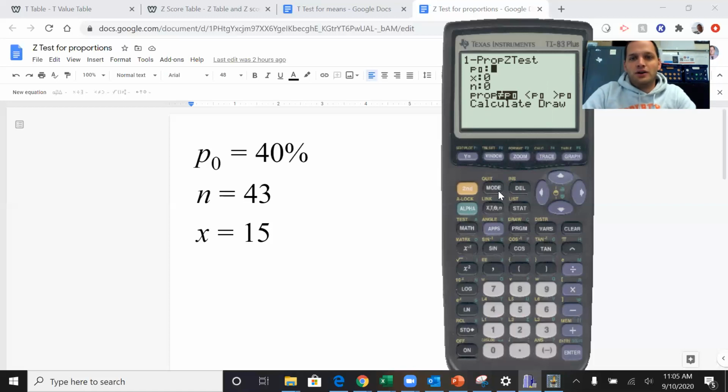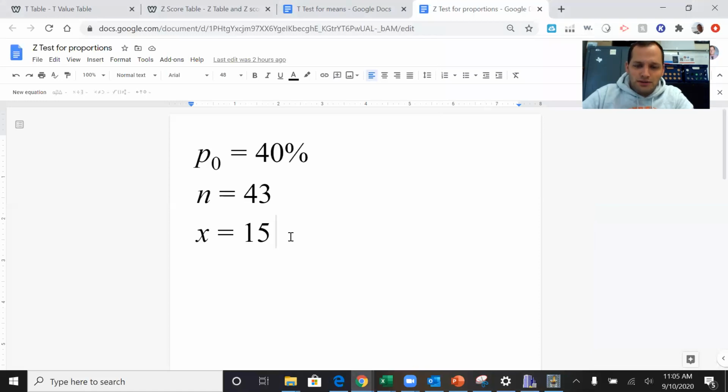So we put in our first proportion. Well, the null hypothesis was 0.4. Our X is 15. And our N is 43. Ta-da! Now down here, it's got a couple different things going on, depending on if you want a one tail, two tail, or no tail test. Well, here, let me add a little bit here.